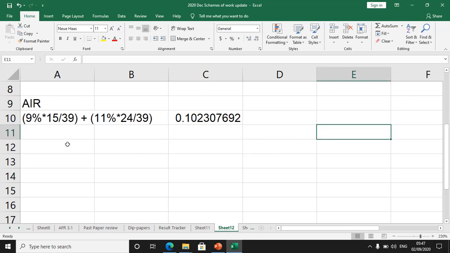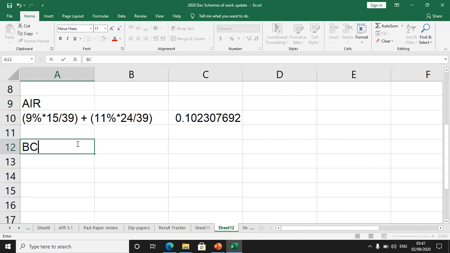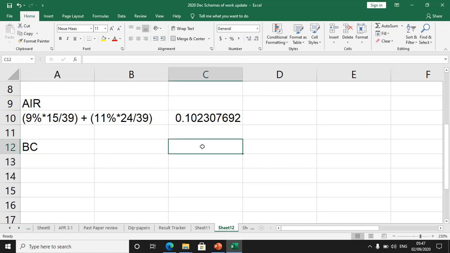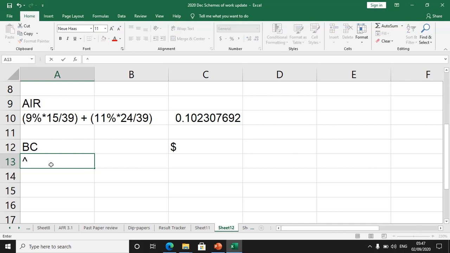Okay, so now my next job is to apply that interest rate on my funds taken out. Borrowing cost will be equal to, so I'm going to have two figures on the other side. For the amounts taken out, which includes 6 million as well as 2 million.